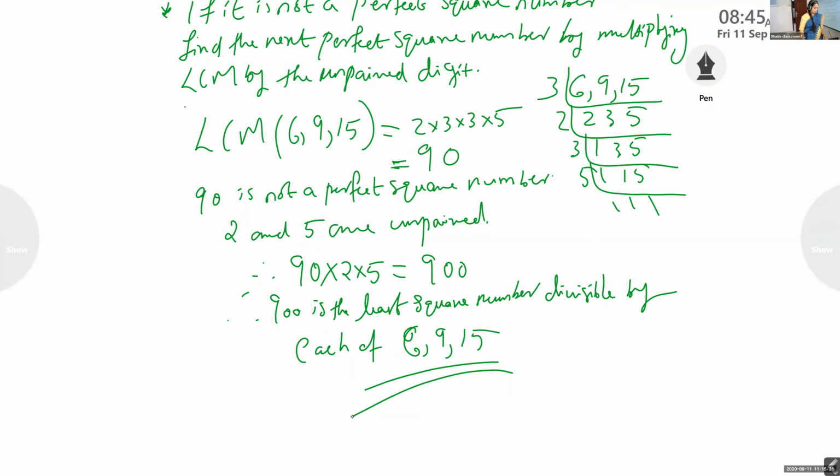Very important type of questions. Not only for your examination, some of the competitive exams also you can find this type of questions. So mark it. And if you are a math loving student, you can keep a notebook, not for this year.